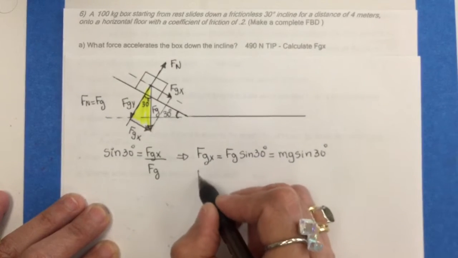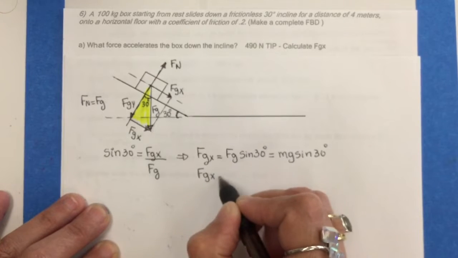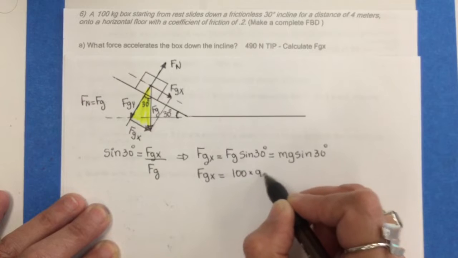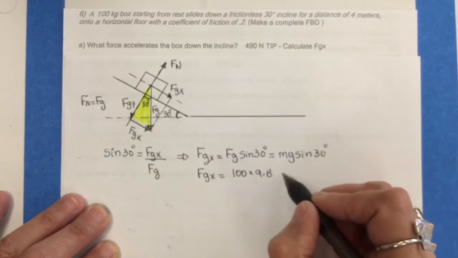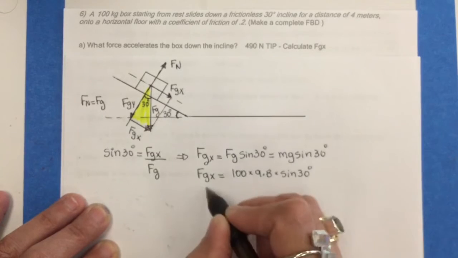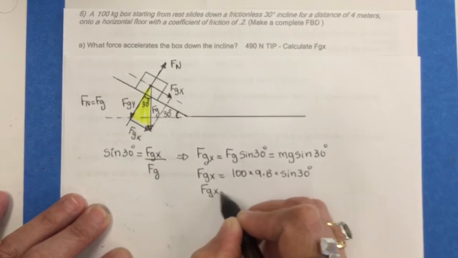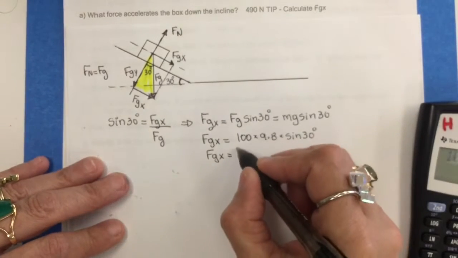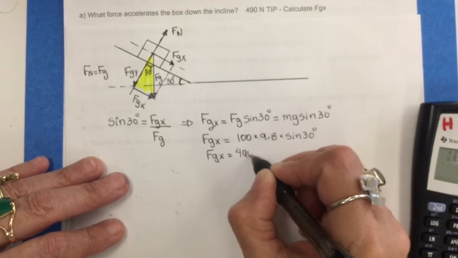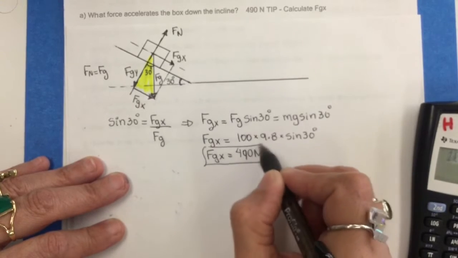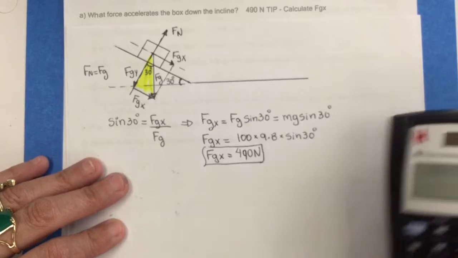As a result, the mass is 100, g is the acceleration of gravity, 9.8 meters per second squared, sine of 30 degrees. Plugging in the calculator, we have 490. So 490 is the magnitude of the horizontal component of the weight.